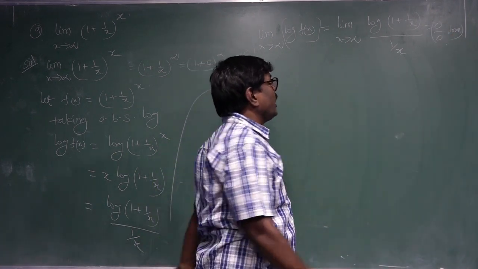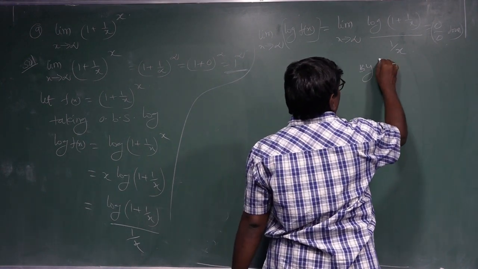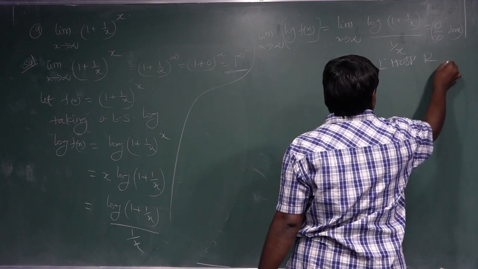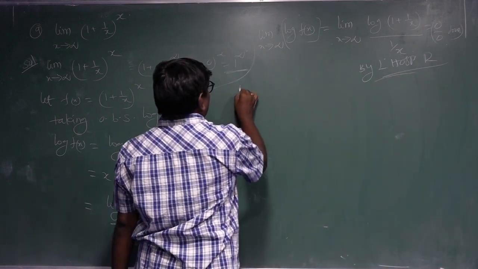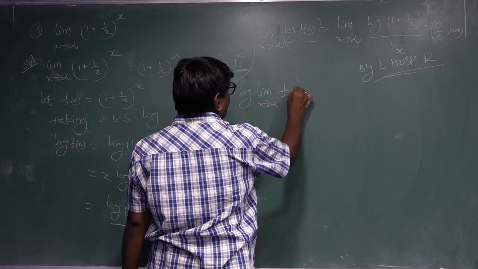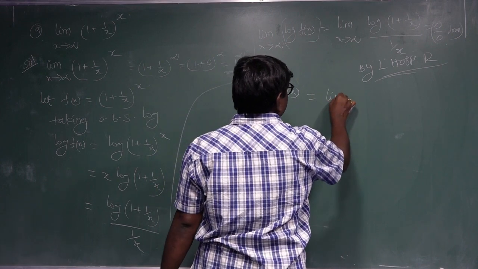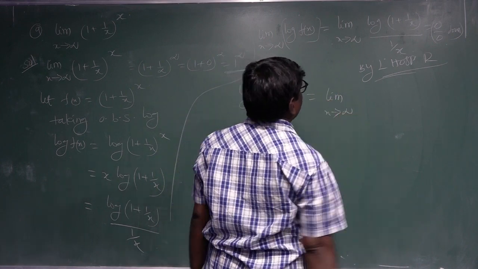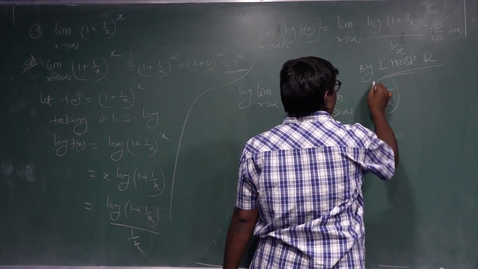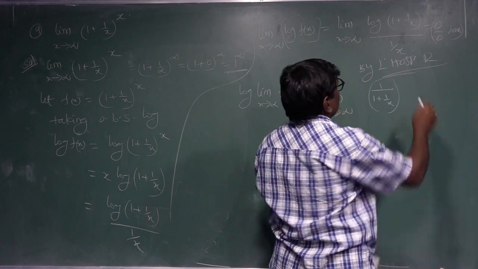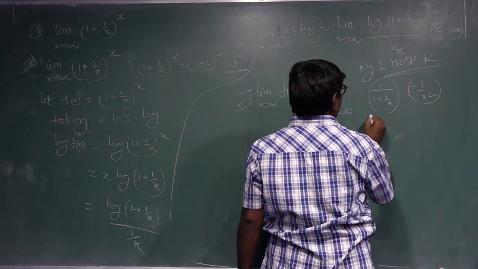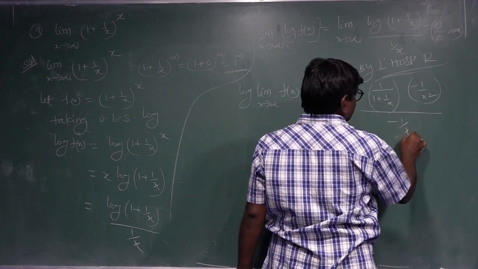For 0 by 0, apply L'Hospital's rule. Log of limit as x tends to infinity of f of x equal to limit as x tends to infinity of the derivative of log, 1 by (1 plus 1 by x), into the inner derivative, 0 plus the derivative of 1 by x, which is minus 1 by x square, divided by minus 1 by x square.